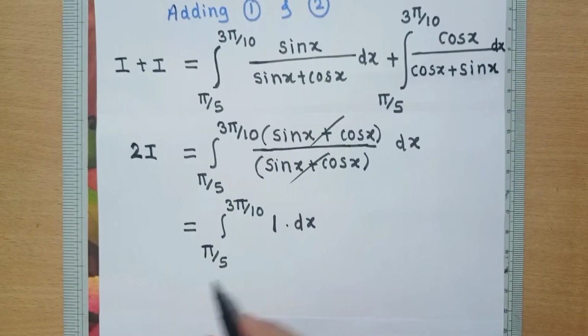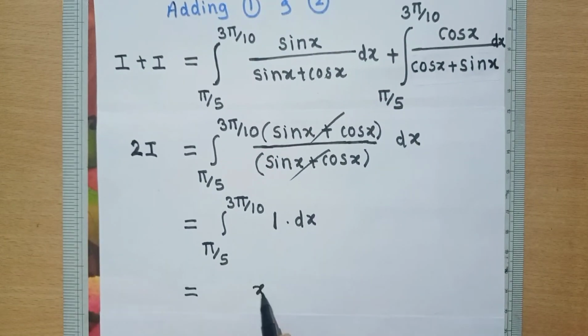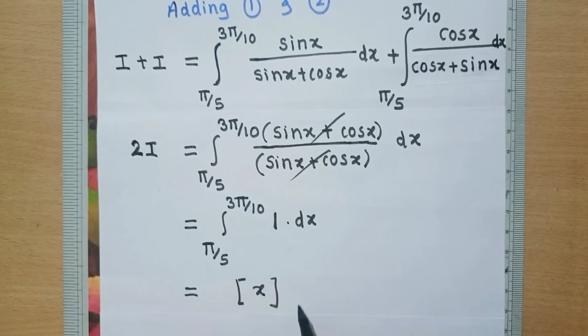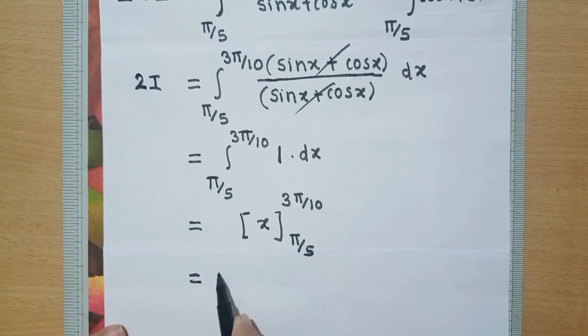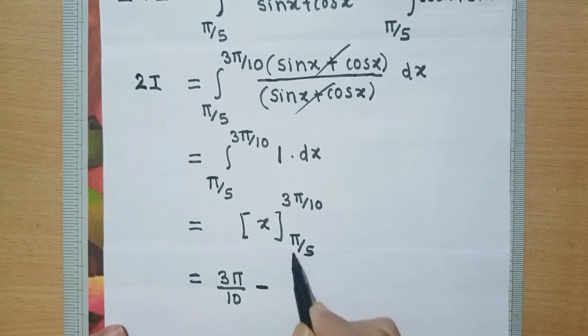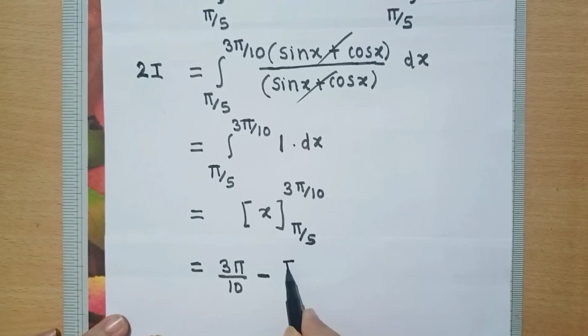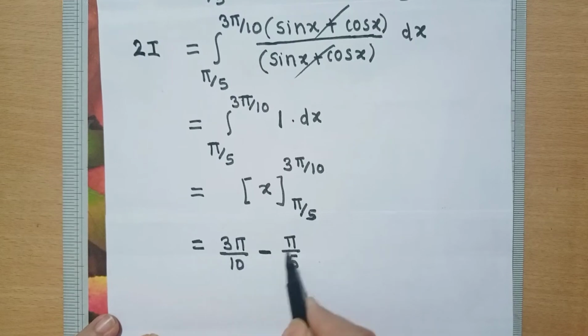And again integration of 1 means x, and we will write these limits. Downside this is the lower limit, and upside this is, first we have to substitute the upper limit, so 3 pi by 10, then the middle sign minus, then substitute the lower limit which is pi by 5 and subtract this.